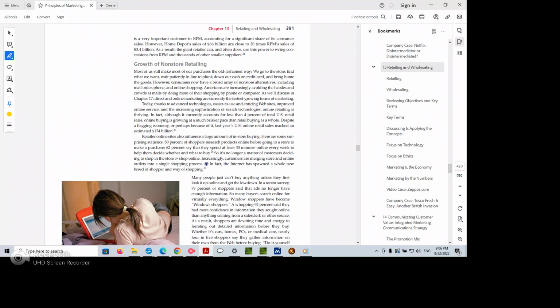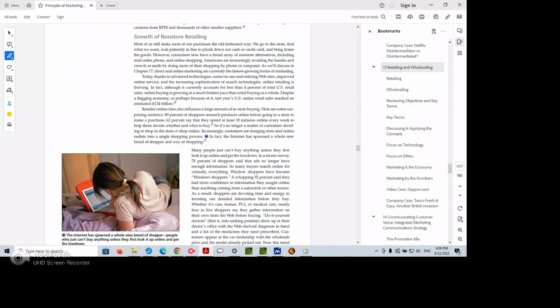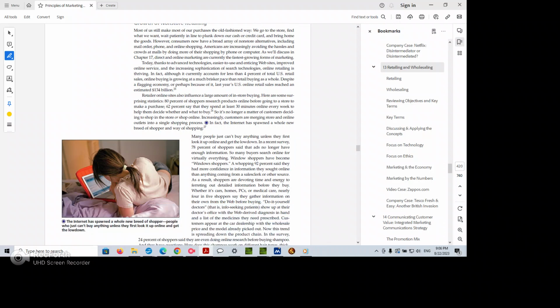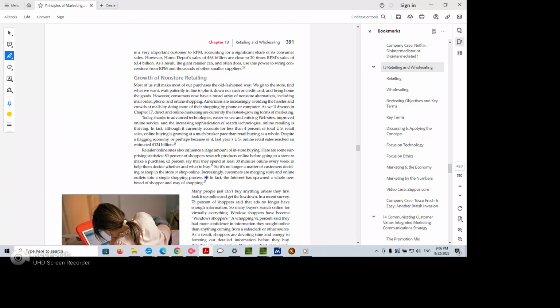Home Depot is a very important customer to RPM, accounting for a significant share of the consumer sales. However, Home Depot's sales of $66 billion are close to 20 times RPM's sales of $3.4 billion. As a result, the giant retailer can and often does use this to wring concessions from RPM and thousands of other smaller suppliers.